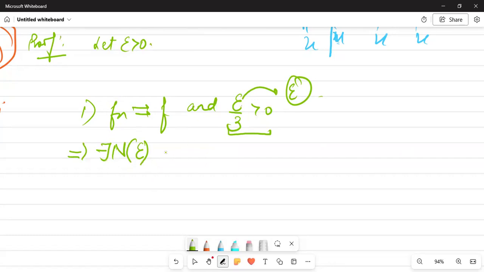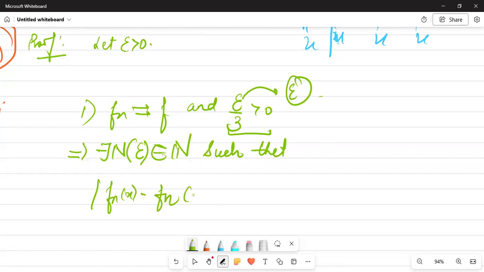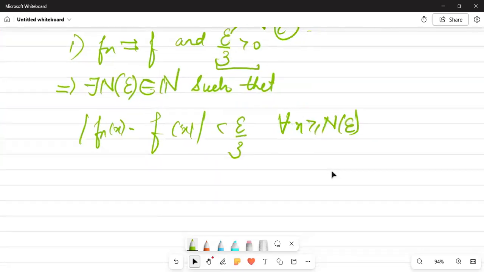There exists an N belonging to the naturals such that |fn(x) minus f(x)| is less than epsilon by 3 for all n greater than or equal to N(epsilon), and since the convergence doesn't depend on the point, this N is going to work for all x in R. So for all x in R, this N is going to work.